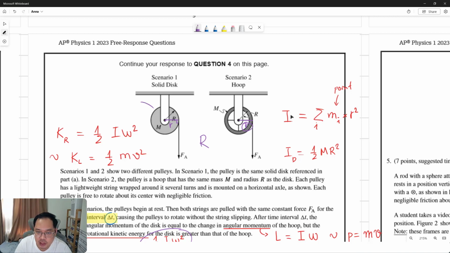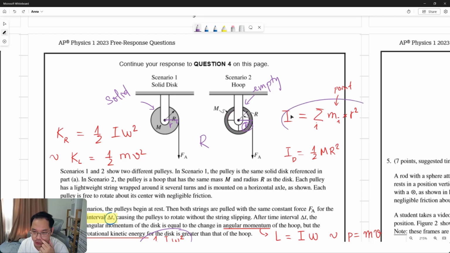For the disk here, it is a solid object, and for the hoop here, it is empty inside. They have the same mass, but the distribution of the mass is different. The mass of the disk is distributed uniformly on the disk, the solid object, while the mass of the hoop is distributed around the outside loop, and the inside is empty.